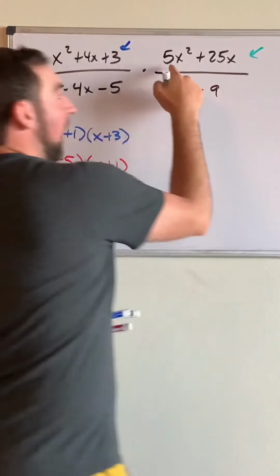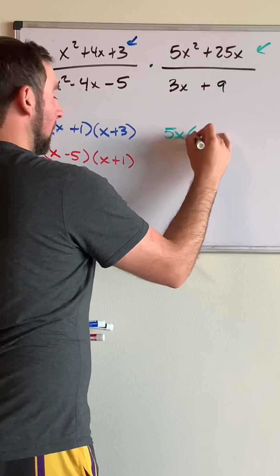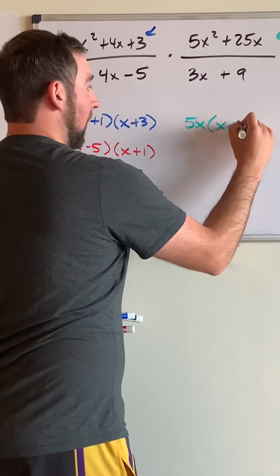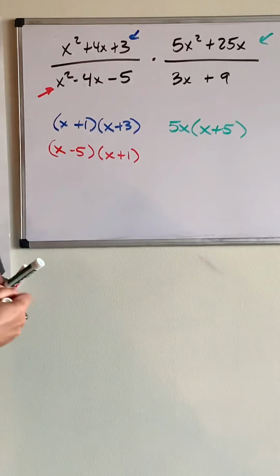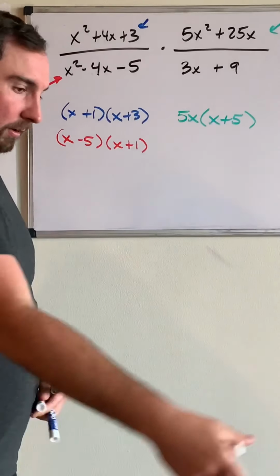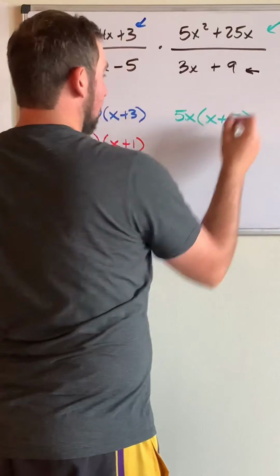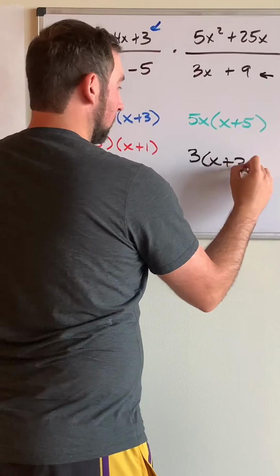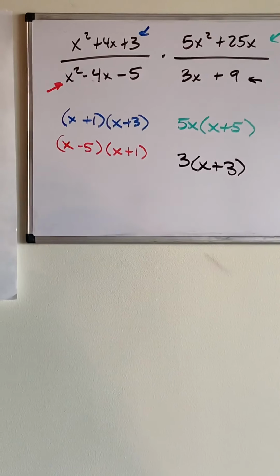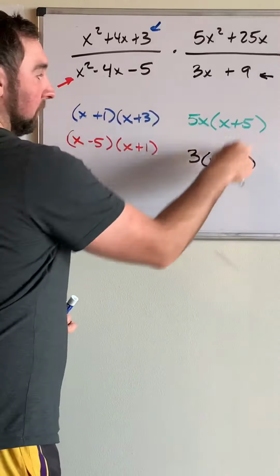They have a 5x in common, so I take out the 5x, and that leaves me with x plus 5. The last one, I'm out of colors, so black it is. That factors into 3 times x plus 3. So there's all your factors: blue, red, green, black. I factored everything out.